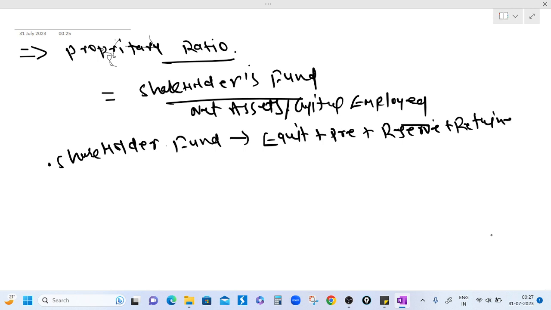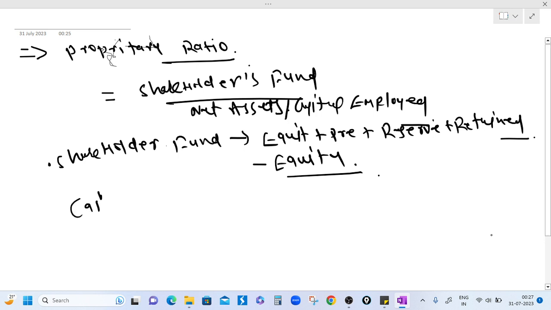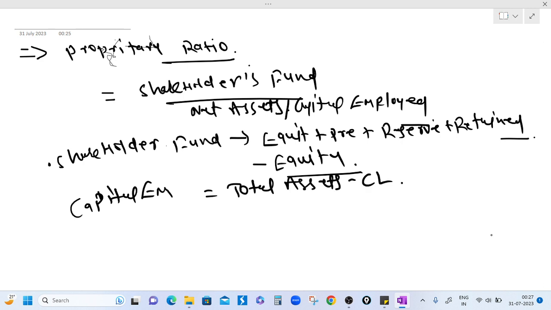In other words, the complete equity portion is considered as shareholder fund. Now capital employed is basically total asset minus current liability.